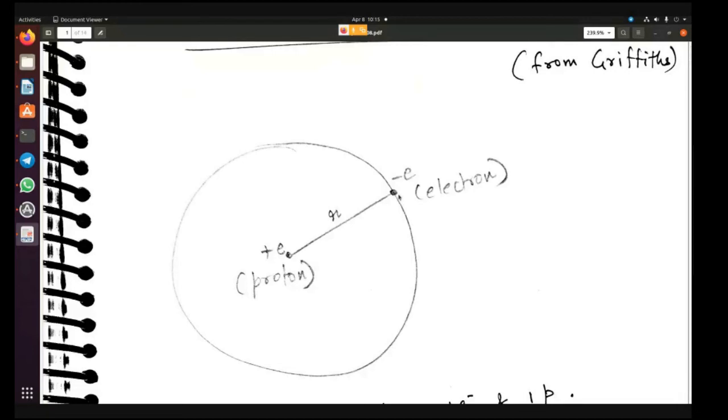If you take the modulus of r, that is nothing but the root of x square plus y square plus z square. So essentially, we have to consider everything in terms of the distance between the electron and the proton, and also in terms of the angle.